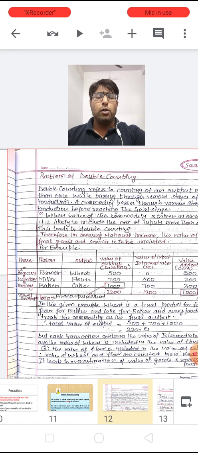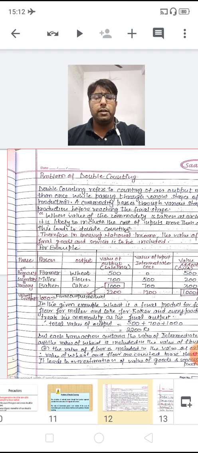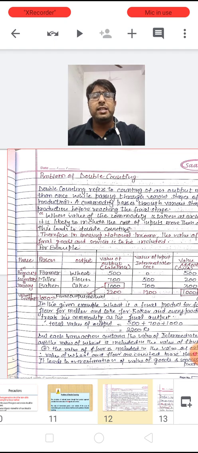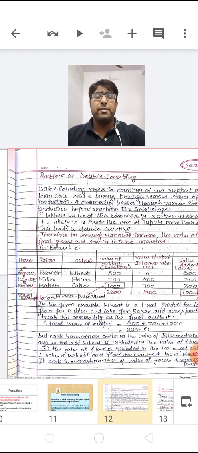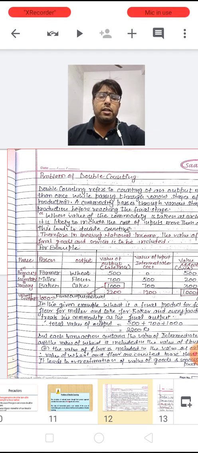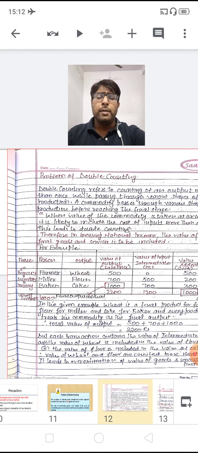Now that wheat which he purchased from the farmer by paying 500 rupees, he is selling as flour in the market for 700 rupees. Now 700 rupees is the sale price of the miller, whereas the cost price of that wheat is only 500 rupees. Now the value added by the miller himself is 200 rupees.